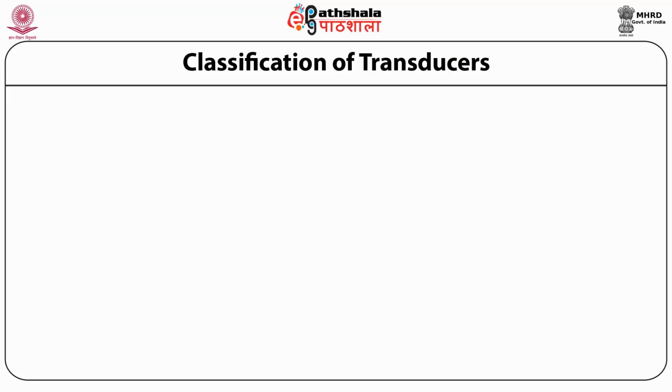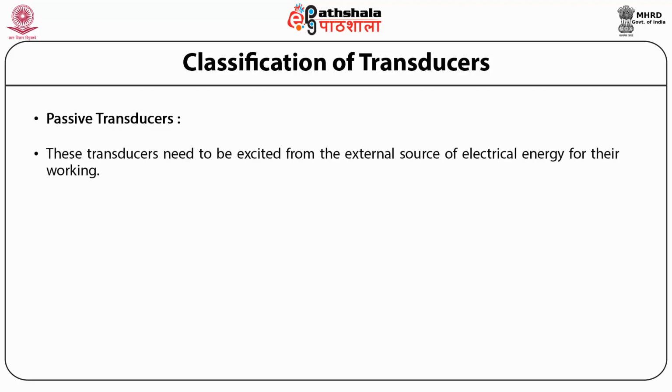Students, now let us see the second category of transducers, that is the passive transducers. These transducers need to be excited from an external source of electrical energy for their working.